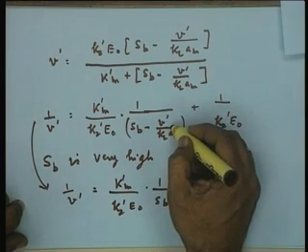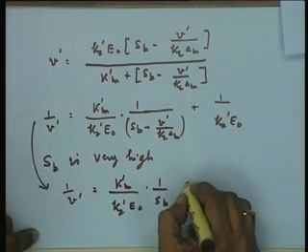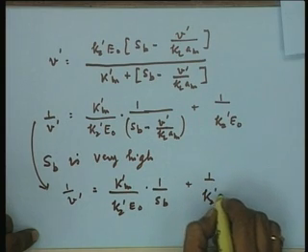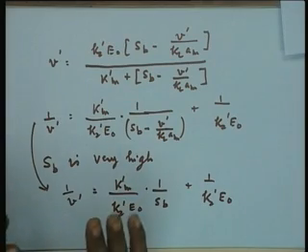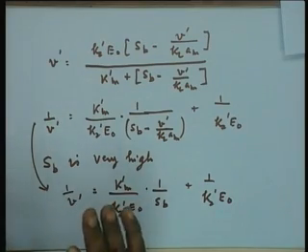This term is negligible when SB is very high, plus 1 upon K2 dash E naught in the case of very high substrate concentration in the zero order design.